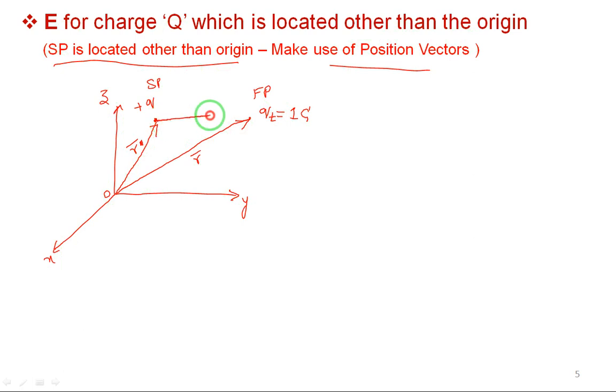Okay, then the distance vector from charge, let me call it as q1. It will be easy for me to write down the distance vector r1t, and unit vector is a1t, right? Okay, then I want to write down this in terms of position vector. Then what is r1t, right?